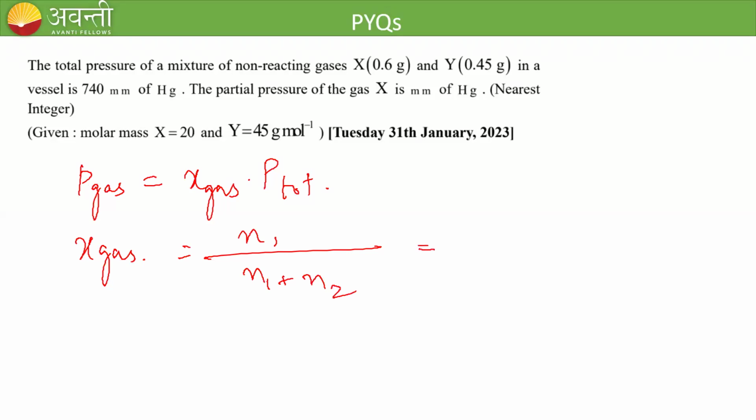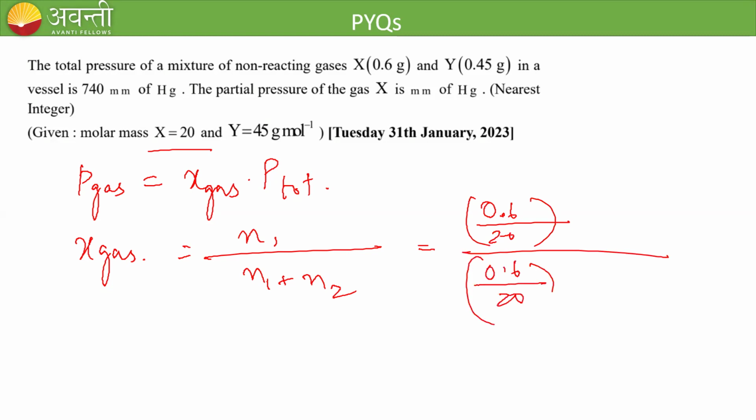Number of moles is again written as mass by molar mass. So the given mass of X is 0.6 divided by the molar mass, which is given here as 20 for X. Okay, the whole divided by again 0.6 by 20 plus number of moles of the other gas. Mass is given as 0.45, divided by the molar mass, which is given as 45.